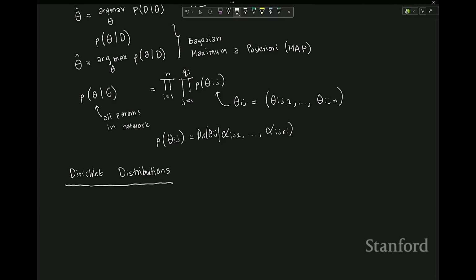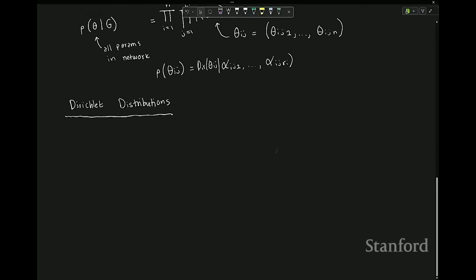So the Dirichlet distribution generalizes the beta distribution to an arbitrary number of categories. It's parameterized by our alphas that are pseudo-counts.